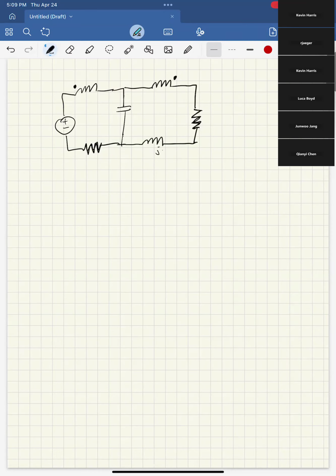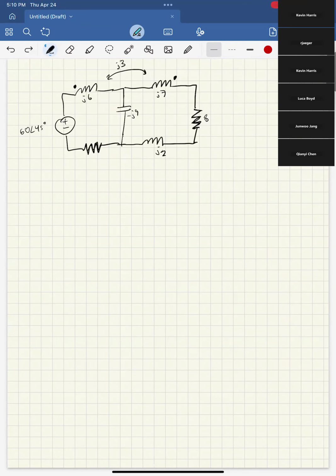So we have j2, j7, 8, and negative j9, j6, and this is 60 at 45 degrees. These two have a mutual inductance of j3. If you notice, this inductor does not have a dot on it, so it will have no effect on the other inductors.